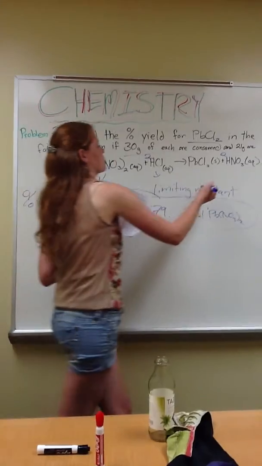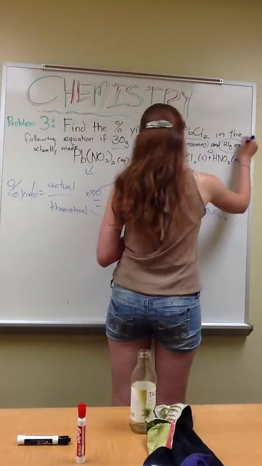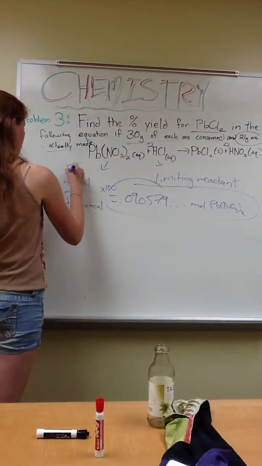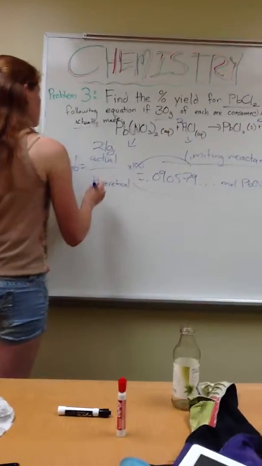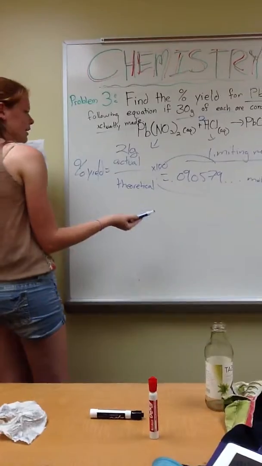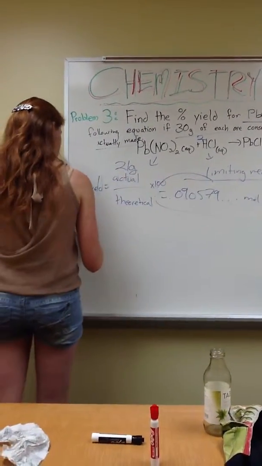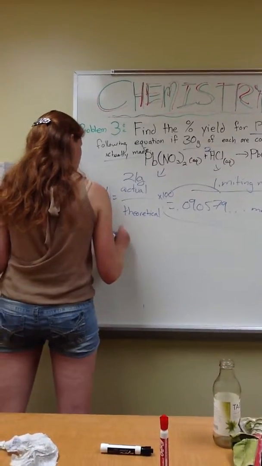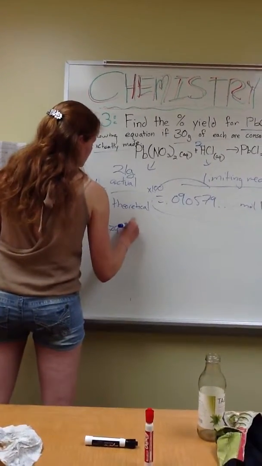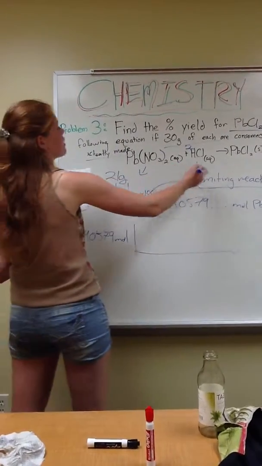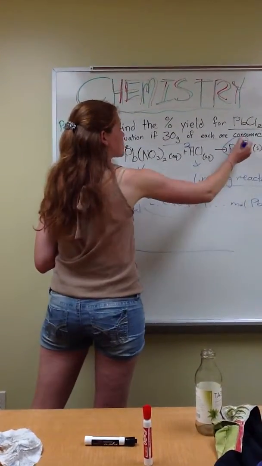So we already have the actual yield actually made. So we already know that this is 21 grams. So we just need the theoretical yield now. Now theoretical yield, we just take our limiting reactant, which we have here. So that's 0.090579 moles. And we have to transform it into the moles for this, which is what we need.